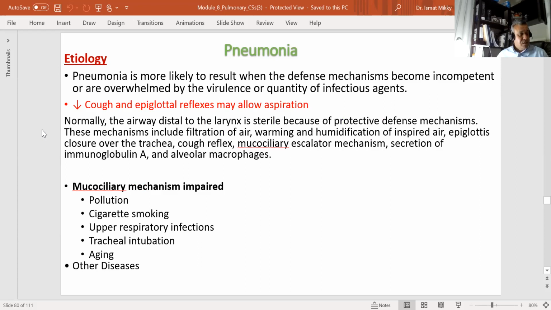The normal, non-harmful bacteria in the oropharyngeal secretions can become harmful after the patient receives antibiotics, especially broad spectrum. So this flora becomes infectious, and that could result in pneumonia.